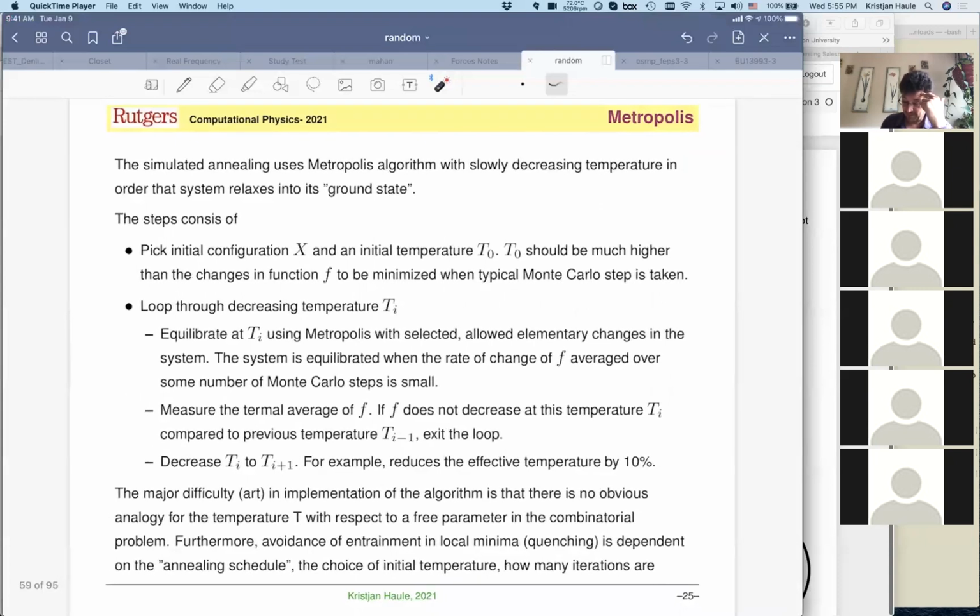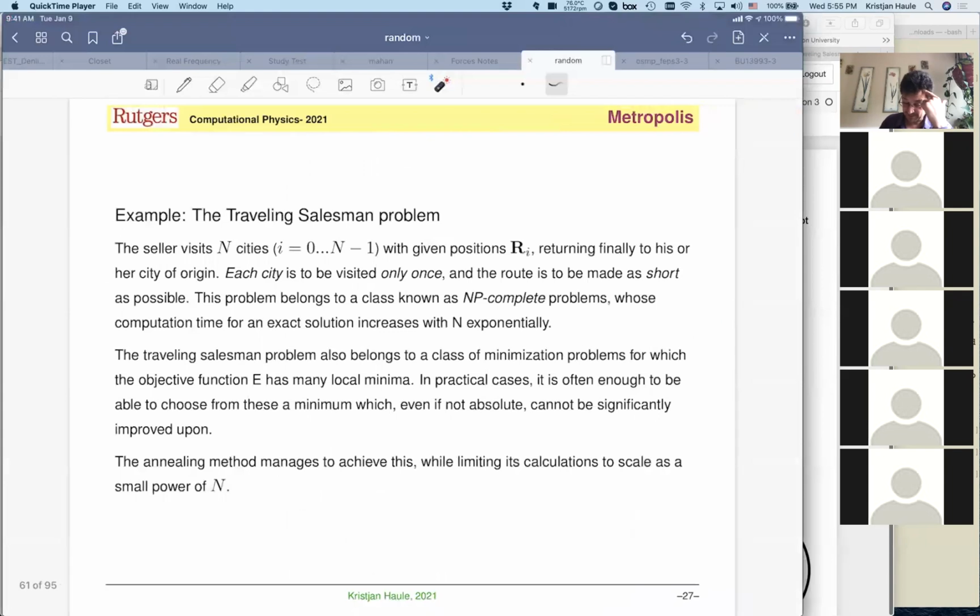So the traveling salesman problem is the following. We have n cities, indexed by 0 to n minus 1, with given positions Ri. So these are arbitrary positions in space. And the traveling salesman needs to visit all the cities in such a way that every city is visited once and only once.